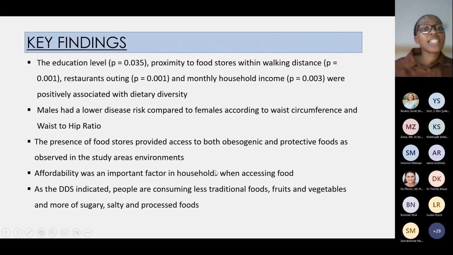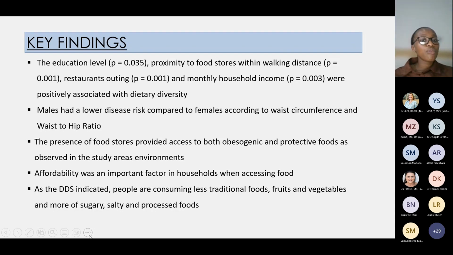The key findings in this study are that the education level, the proximity to food stores, restaurant outings, and the monthly household income were positively associated with dietary diversity. So the more the person attained their education level, the more their diet became diversified.